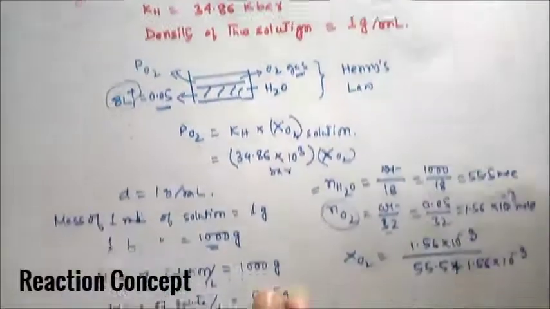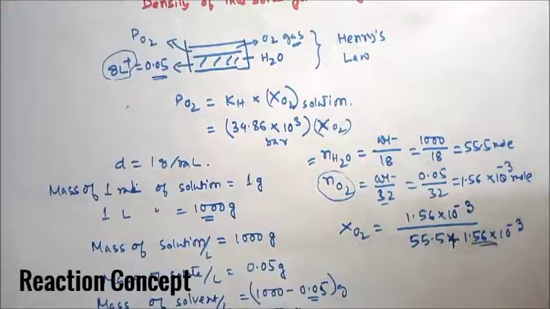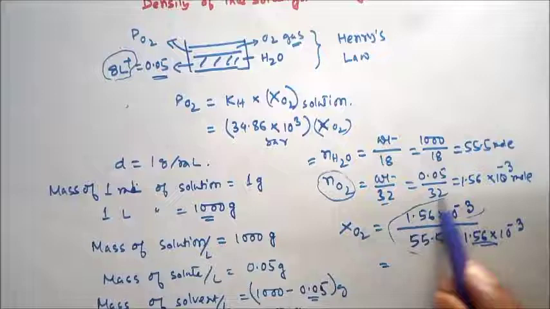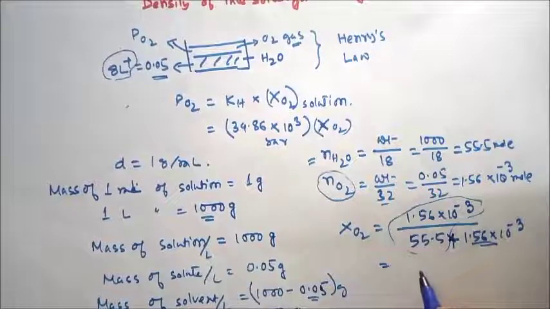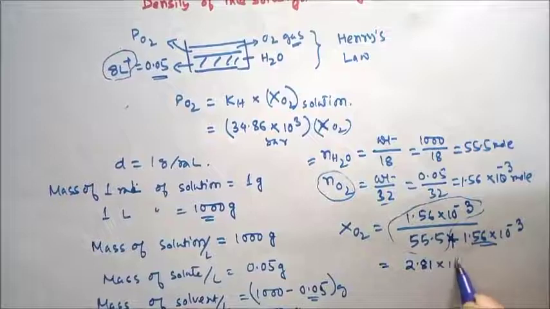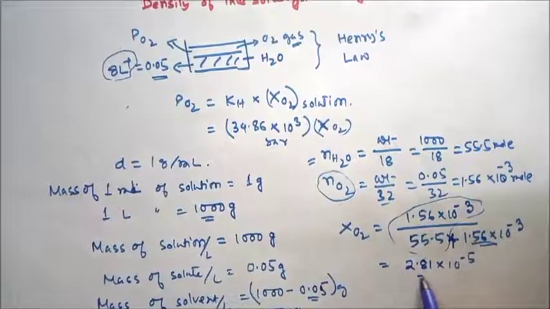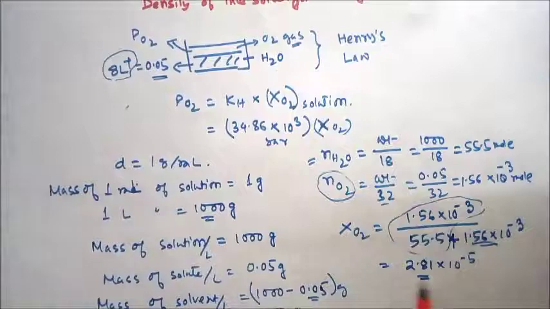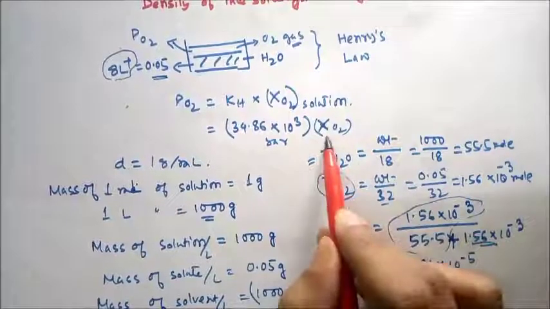This value is very small, so you can neglect it. If you calculate only this term, it will result in 2.81 into 10 to the power minus 5. This is the mole fraction of oxygen.